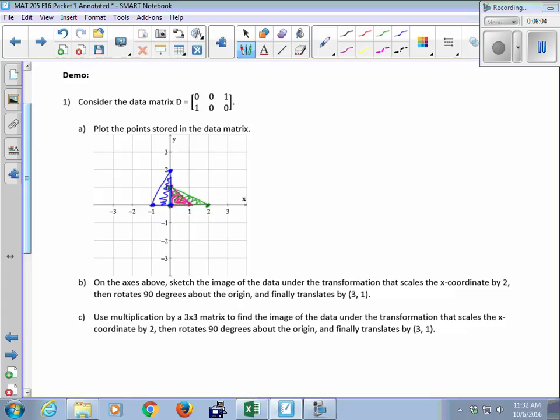Okay. And then one last transformation, and I'm going to translate everything right 3 and up 1. So each of my 3 points of my triangle are going to go right 3 and up 1. So I have 1, 2, 3, up 1, 1, 2, 3, up 1, and over 3, up 1. And my final triangle is right here.